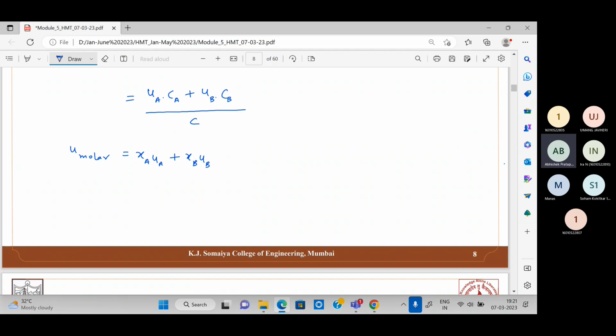So we have defined the mass average velocity and the molar average velocity.